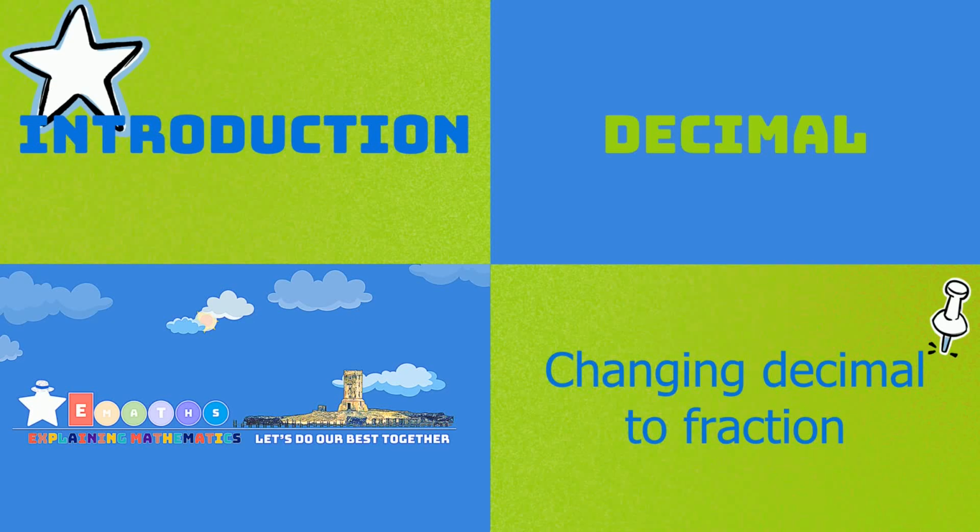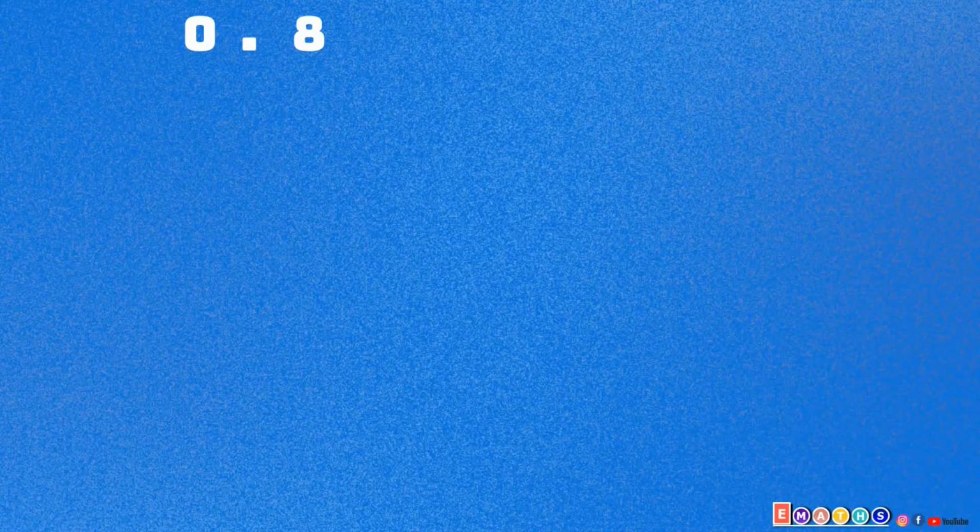Changing decimal to fraction. Here we have 0.8. The 0 is the whole, and it's separated from fraction part by the decimal point.